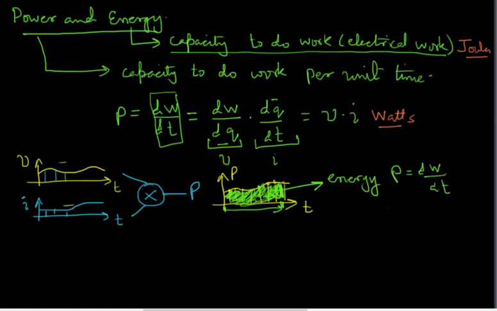How? You can keep dW on one side and P dt on the other, and then integrating both sides, you get W equals integral of P dt. So remember that energy is the sum of all the values of power for a given duration. You have a single number that comes out from the whole graph, from one timestamp to the final timestamp.